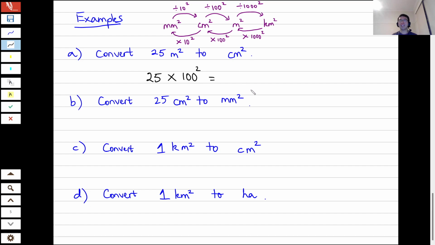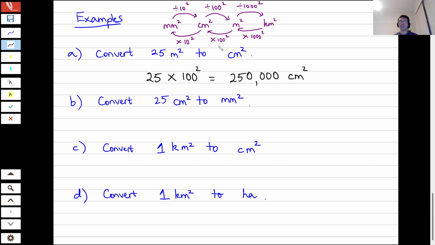And if I multiply 10,000 by 25, I'm going to get 250,000. It's very large. Why? Because there's 100 centimeters in a meter, or 10,000 square centimeters in 1 square meter. The reason why the number is so large is because I've got this squared term. I'm actually doing the multiplication twice.